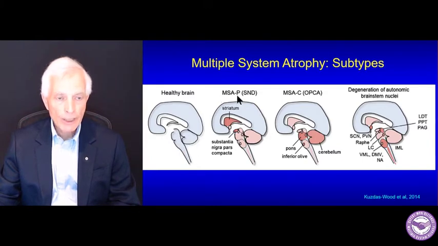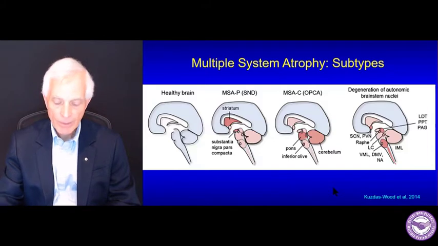And in the Parkinsonian form, MSAP, or the striatonigral degeneration form, the area of the brain called the striatum, the movement part of the brain, the nigra and the striatum are particularly affected, whereas in the cerebellar form, the MSAC, the olivopontocerebellar atrophy form, we see more pathology, greater involvement of the degeneration in the pons, the part of the brainstem connected to the cerebellum, far more than the striatum. And here are the regions that are more affected with autonomic failure, the various different regions in the brainstem.